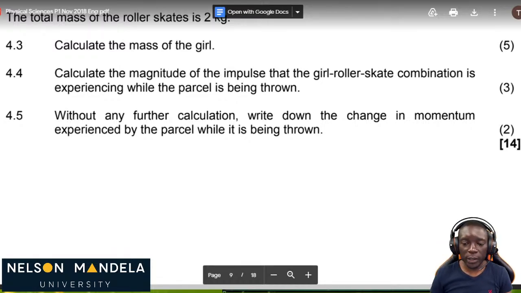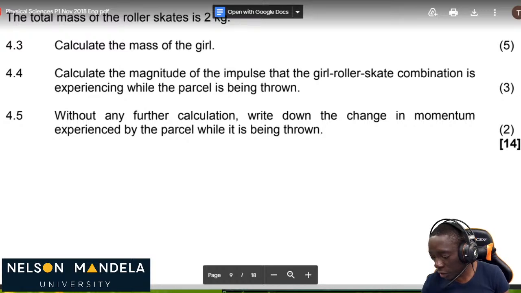So simply put, impulse is the change in momentum, which is momentum final minus momentum initial equals delta momentum. So this change in momentum can be m delta v. It is what we call impulse.